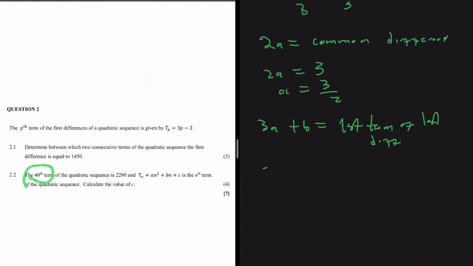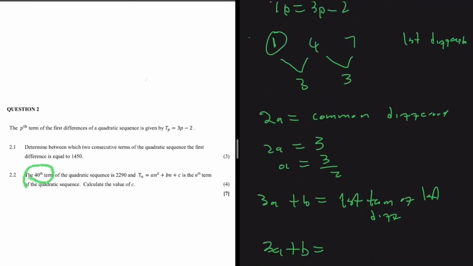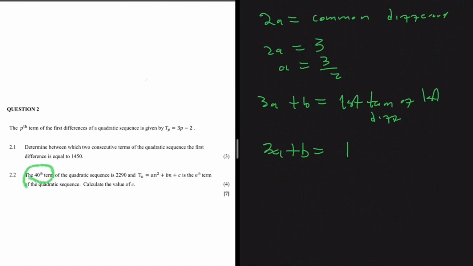So 3a plus b will be equal to 1, so we have b being equal to 1 minus 3a. But we know what a is, right? A is 3 divided by 2. So this will be equal to 1 minus 9 divided by 2, which will be equal to minus 7 divided by 2. Now we have the value of b, right?